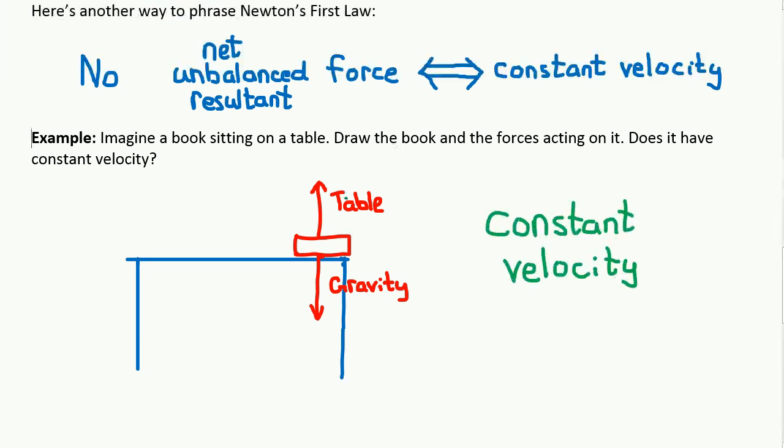So in this example, I used the word unbalanced here. I said these forces were balanced. There was no unbalanced force. We can also use the word net or resultant. The word net kind of means if you take a bunch of things and add them together, what's the leftover part? We often talk about net income. That's basically the money that you get from your job minus the money that you have to send back to the government in taxes.